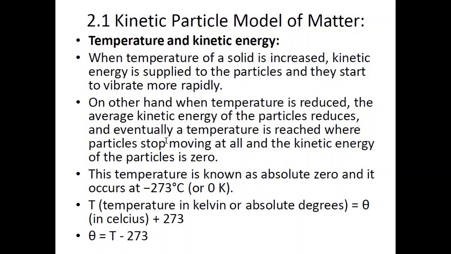Kelvin equals the value in centigrade plus 273, whereas if you have to convert Kelvin into Celsius, then simply subtract 273 from the Kelvin value. This is the formula for that. Remember these two formulas for conversion: T equals theta plus 273 and theta equals T minus 273.